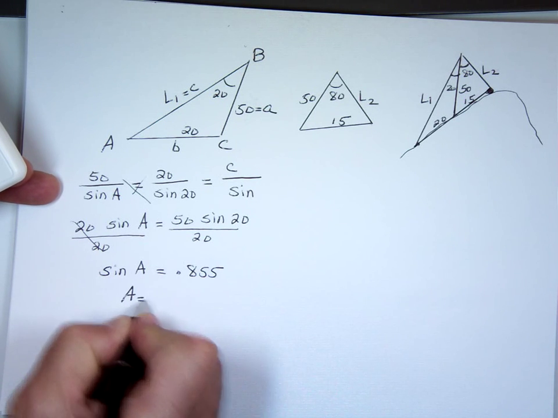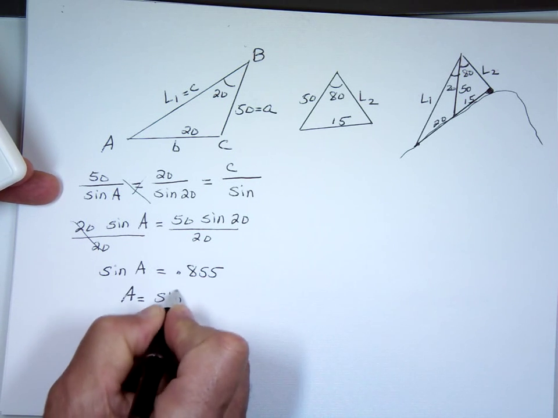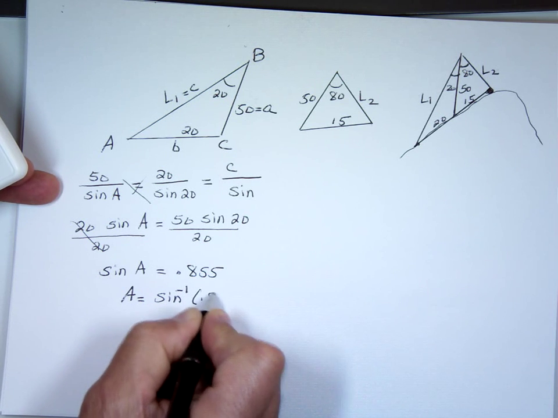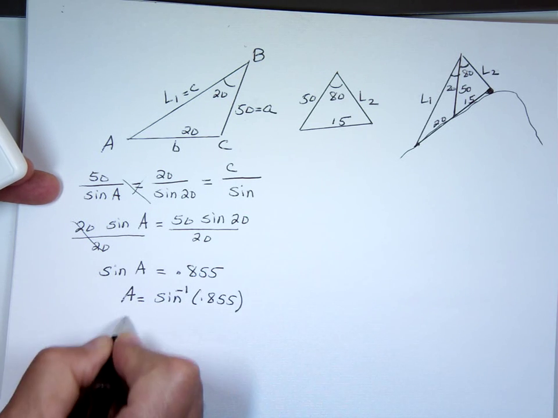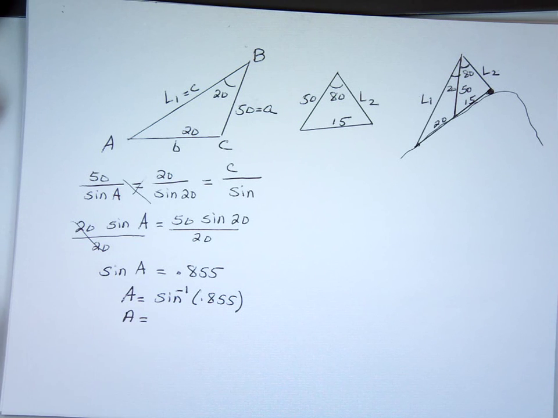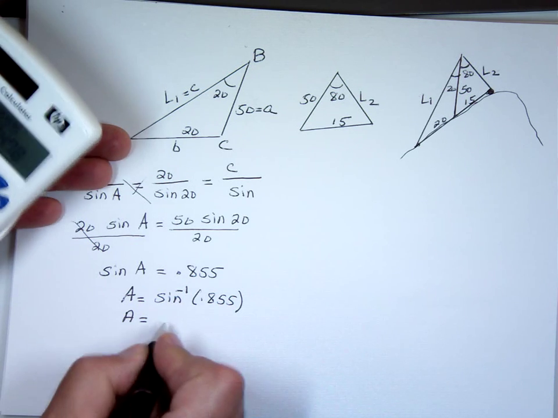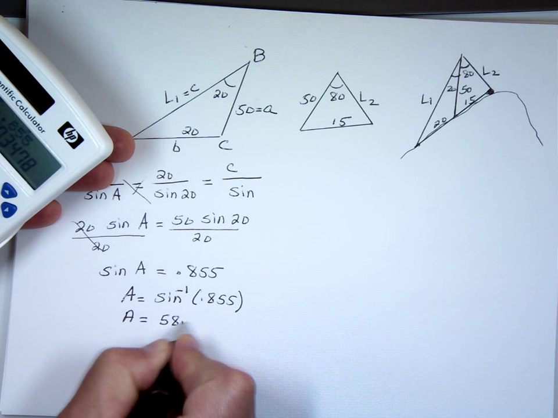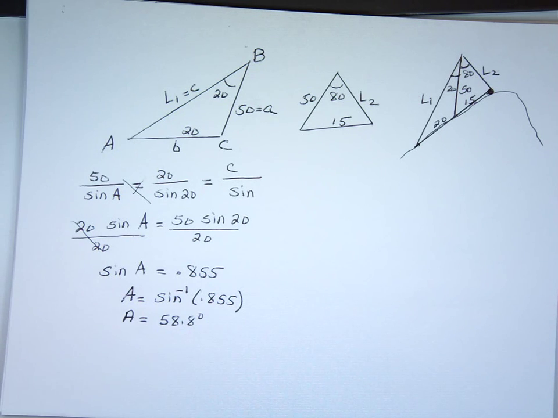How do we figure out what angle A is? Isn't that the inverse sine? What's angle A? Second sine 0.855. It's 58.8 degrees. If I know angle A, can I find angle C?